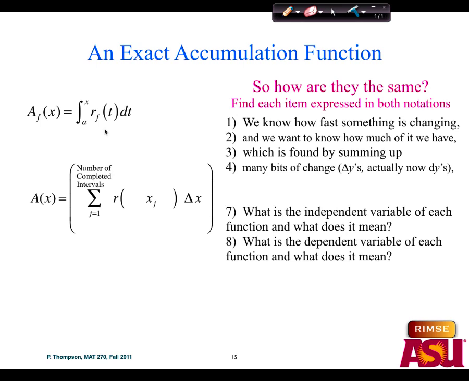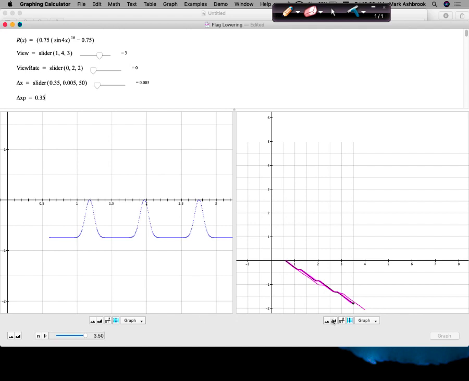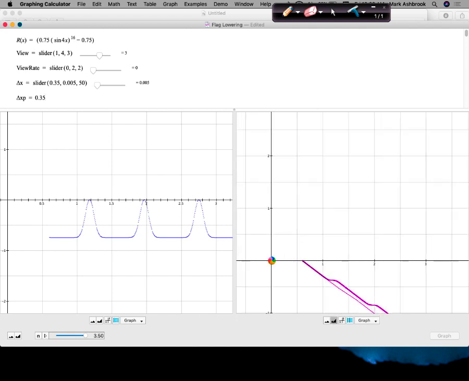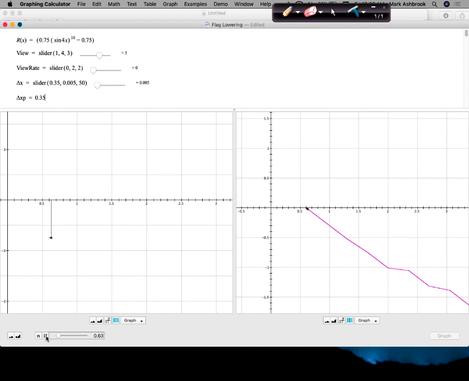The independent variable, let's go back to the graph. The independent variable is the current value of x. You see where the point is on both graphs? That point's x coordinate is the independent variable. For any given value of x, our net accumulation function is telling us how much variation we have at that value of x.